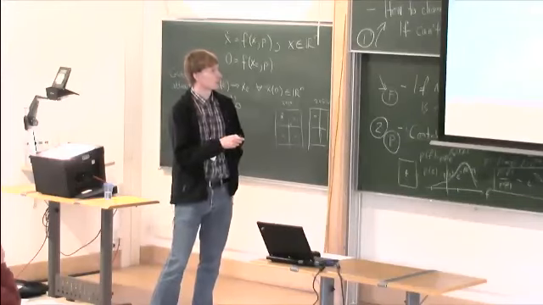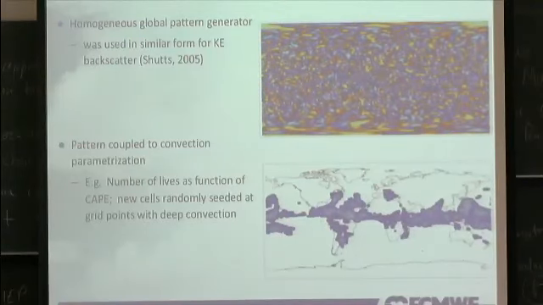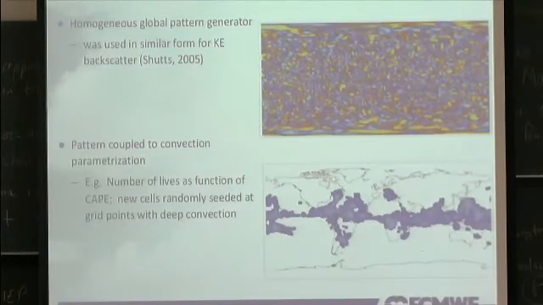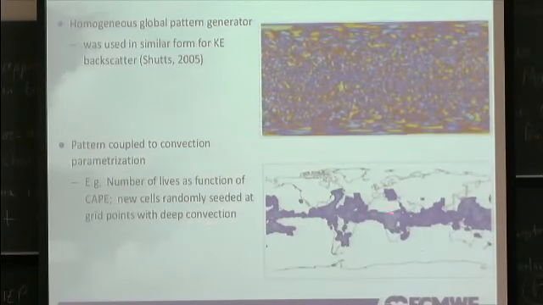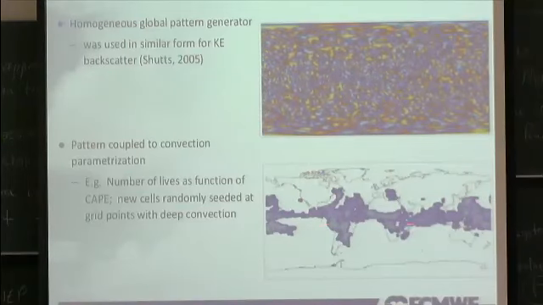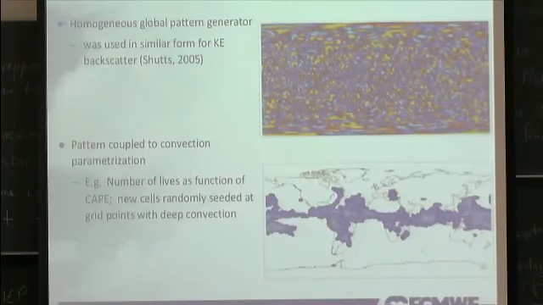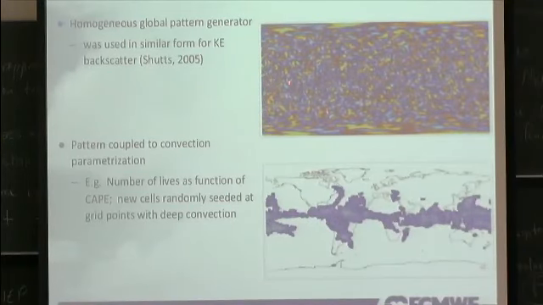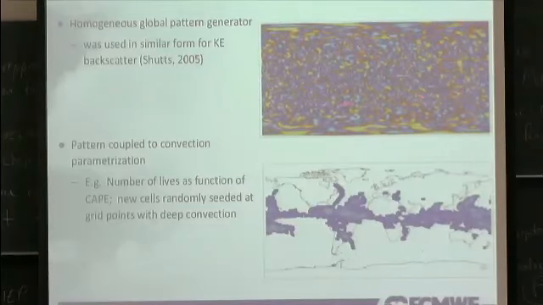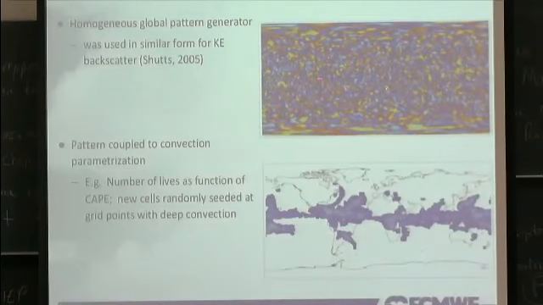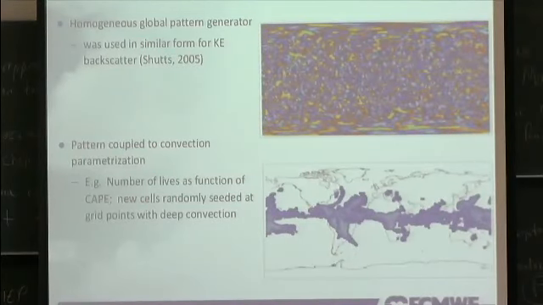The top one is the global pattern, and the bottom one is the one which is coupled to the convection scheme. So you see that one is restricted to the tropics, while you have this global pattern here. You can also see nicely this advection in the storm tracks and in the opposite direction in the tropics.